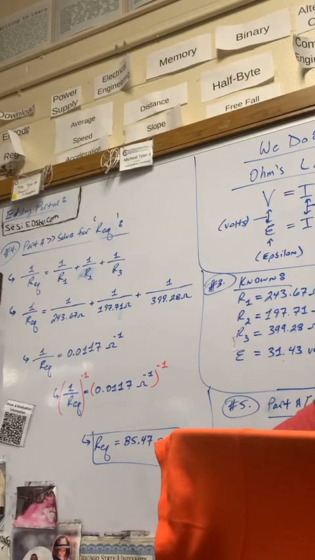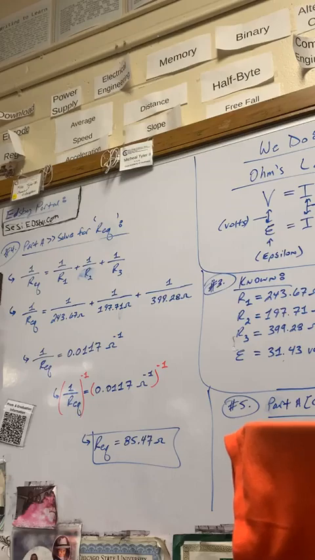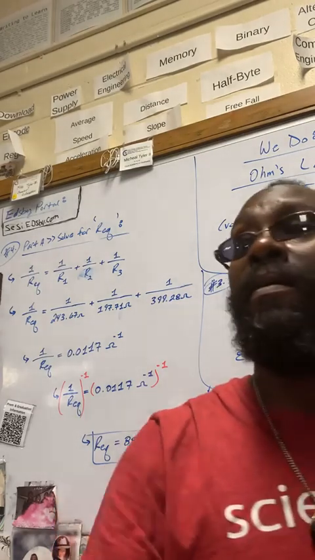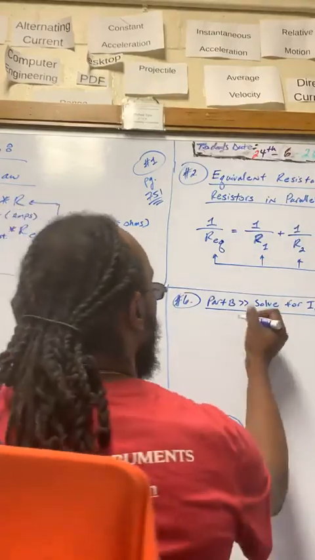You need to solve, we call it part B, you need to solve for I1, I2, and I sub 3, right? To do so, we're going to use Ohm's law yet again, but a different way.